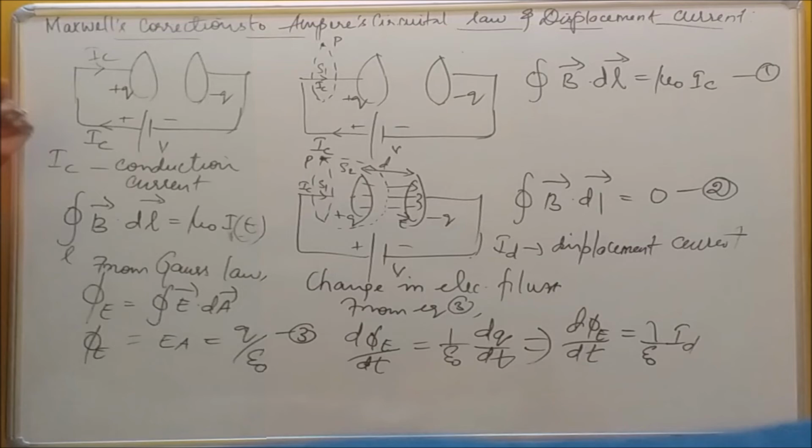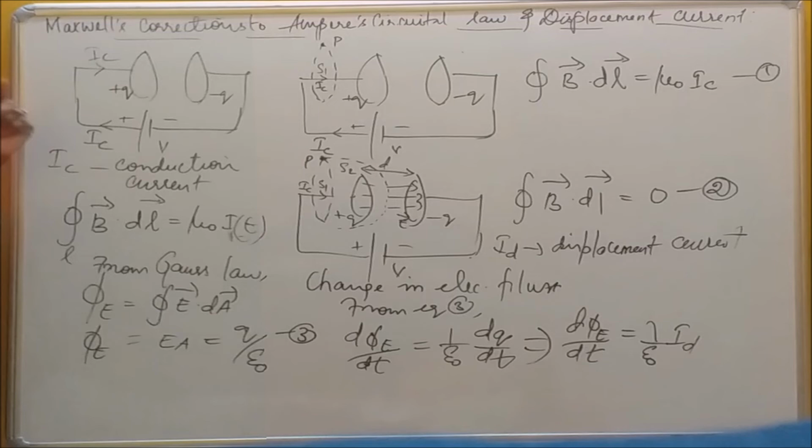So from equation 3, the change in electric flux means d phi E by dt, which equals 1 by epsilon naught dq by dt.